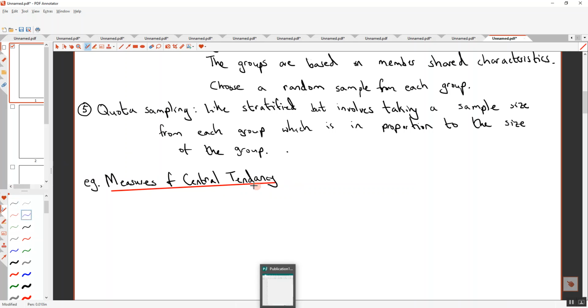Okay, so these are all averages. There are 3 types: mean, mode, and median.